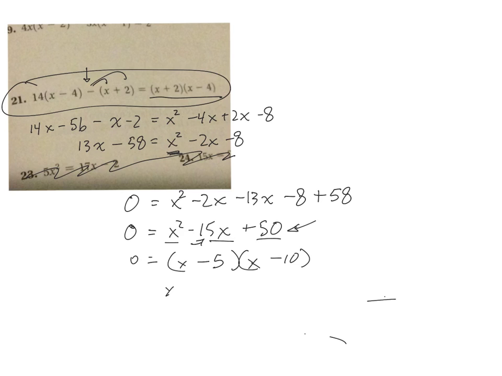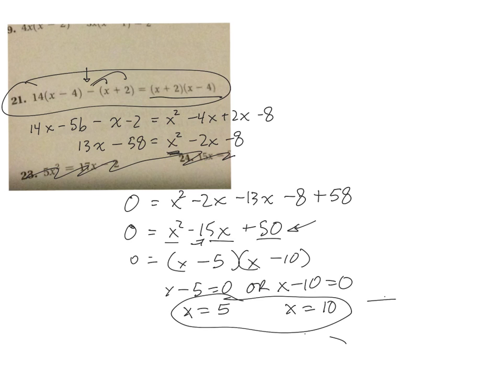So to solve it, it'll be x minus 5 equals 0, or x minus 10 equals 0. And on the first one I get x equals 5, and x is equal to 10. So those are my two answers for that question. And I can, again, check those to make sure that they work. You can do that.